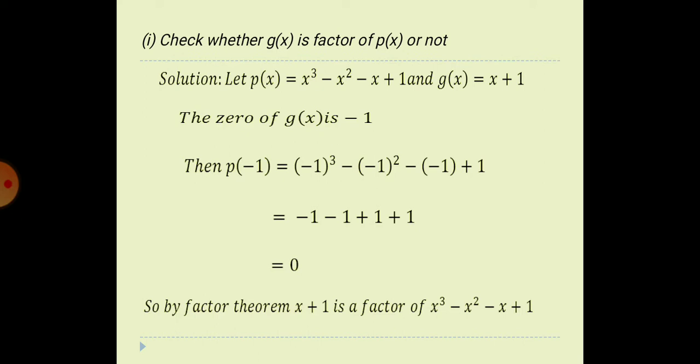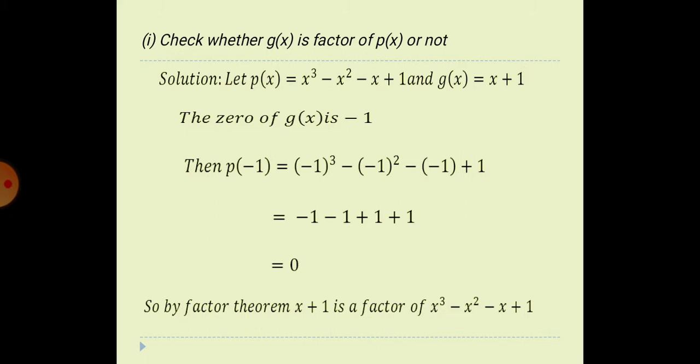So the first one is, let us take the polynomial p of x as x cube minus x square minus x plus 1, and g of x equal to x plus 1 is the divisor, where the zero of g of x is minus 1, and p of minus 1 is minus 1 cube minus of minus 1 square minus of minus 1 plus 1.